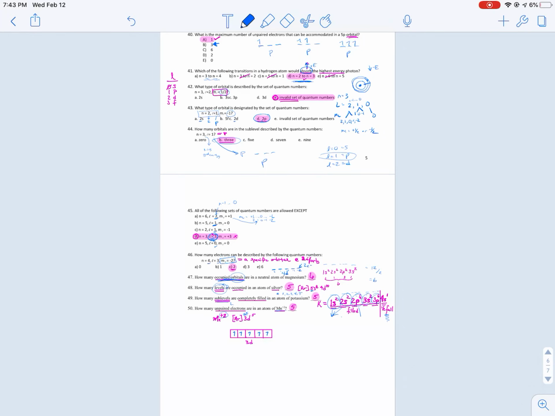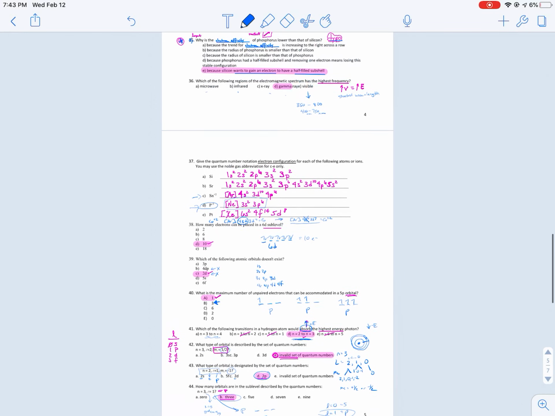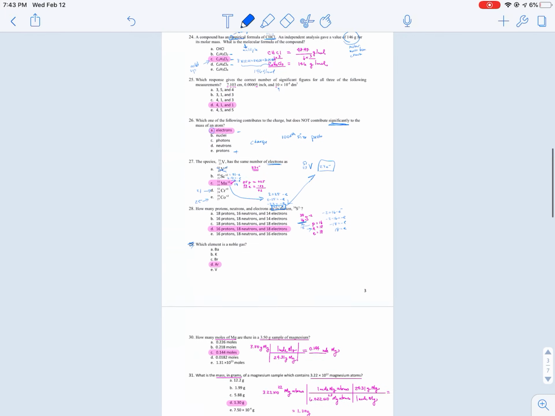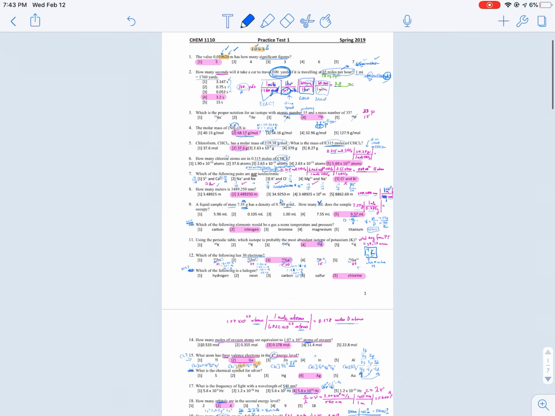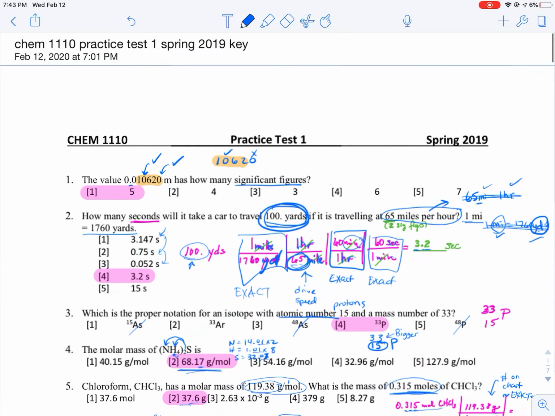Okay, so this test really went through a lot of the nitty-gritty on the math and all the numbers and things like that. Some of the things that weren't on this test: it did not have any example of a percent abundance problem, or dealing with percentages.